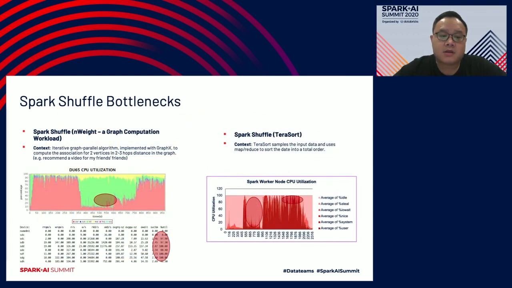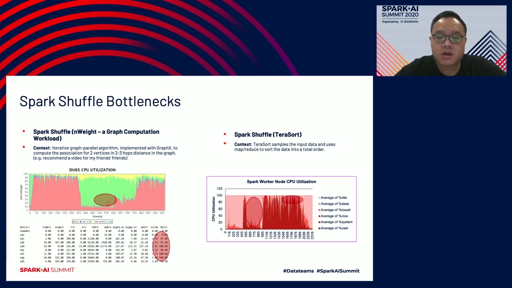For the bottlenecks, we have done a lot of benchmarks. Let's take two examples. The first one is using NWeight, which is a graph computing workload. We observed that during the shuffle phase, the local hard drives easily become a bottleneck. The disk drives were fully utilized, and the latency and the RPS are not going to satisfy the shuffle requirement.